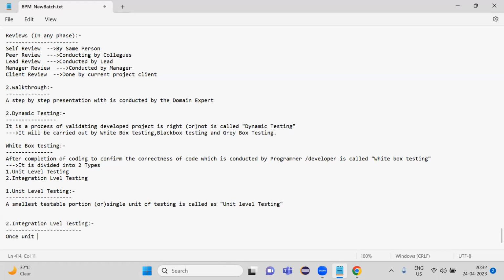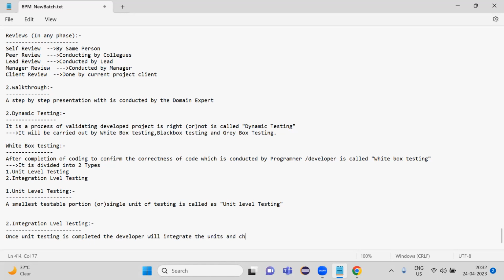Once unit testing is completed, the developer will integrate the units. What will he integrate? He will integrate the units. Yes or no? He will integrate the units and checks whether the application is working or not.